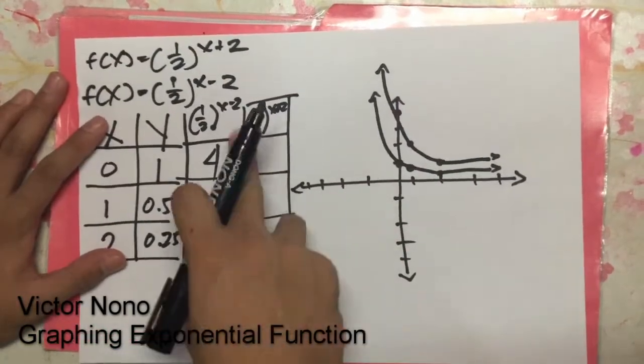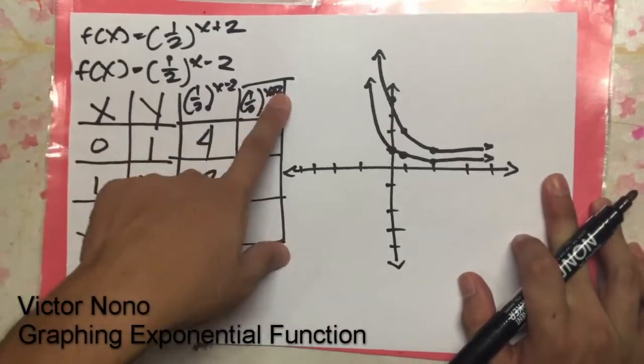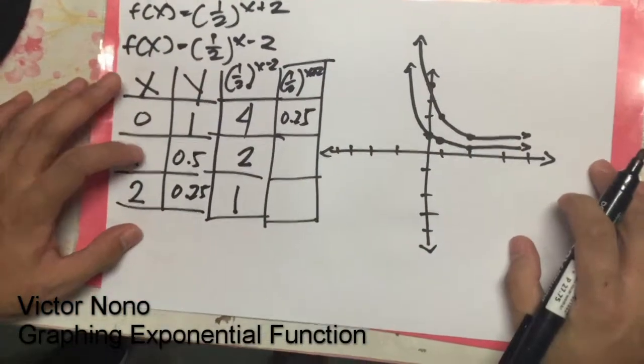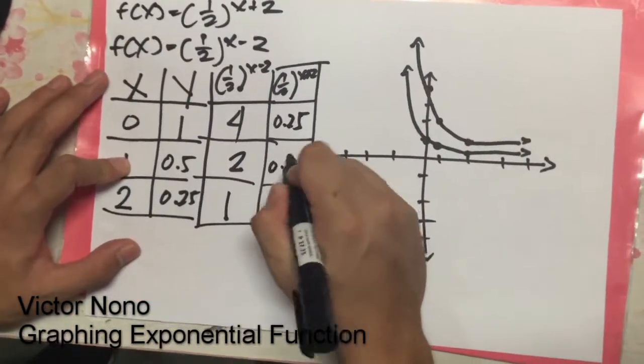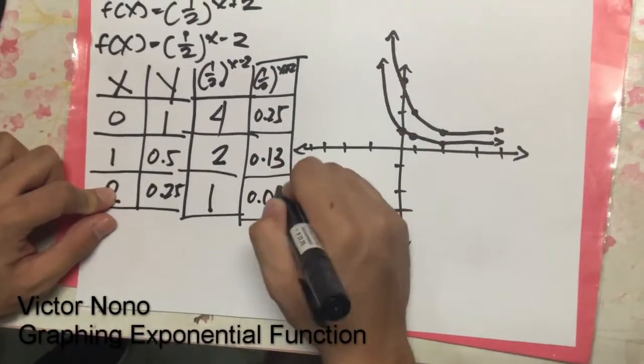So let's do the other function. If you substitute 0 into this function, we will get 0.25. If you substitute 1, we will get 0.13. If you substitute 2, we will get 0.06.